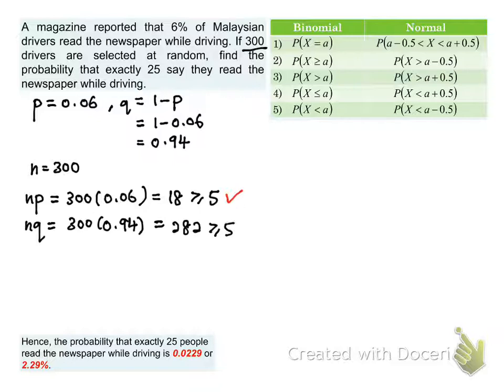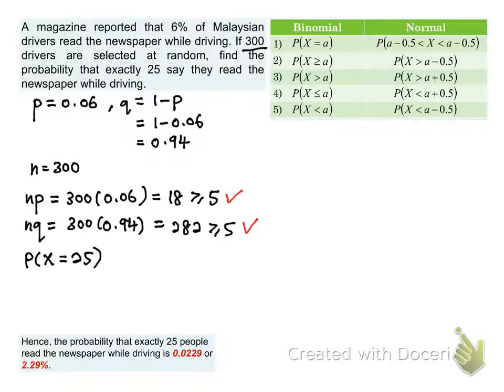Okay, again, is it bigger than or equal to 5? Okay, now these two cases are fulfilled. So we have to convert it using the normal distribution. Based on the question, it's asking you to find exactly 25. So actually we are finding P(X = 25).